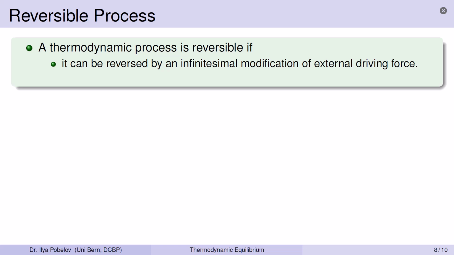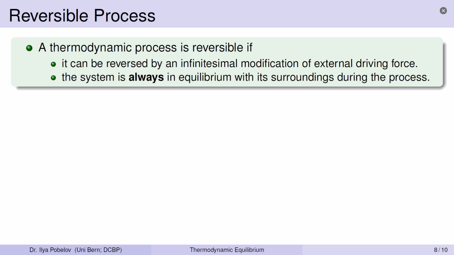If we reverse this force even slightly, technically by an infinitesimal amount, a reversible process will move in the opposite direction. This is how the concept of a reversible process is often introduced in textbooks. A simpler way to understand it is to say that during a reversible thermodynamic process, the system is always in equilibrium with its surroundings. In general, there is a very close relationship between reversibility and equilibrium.